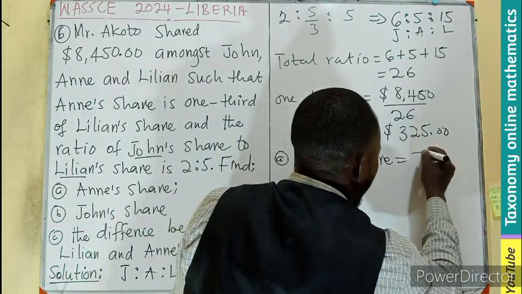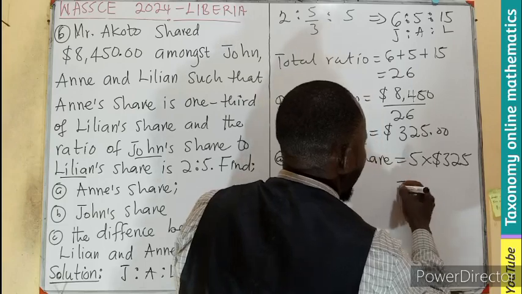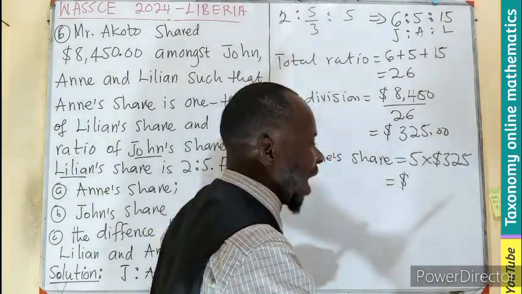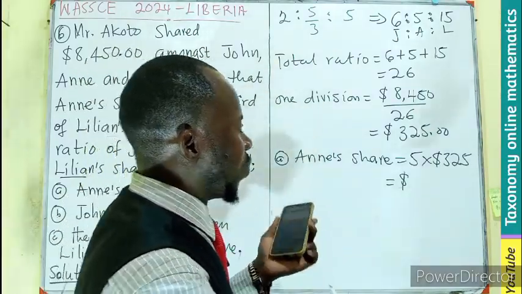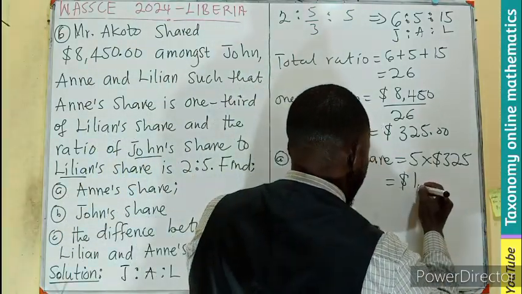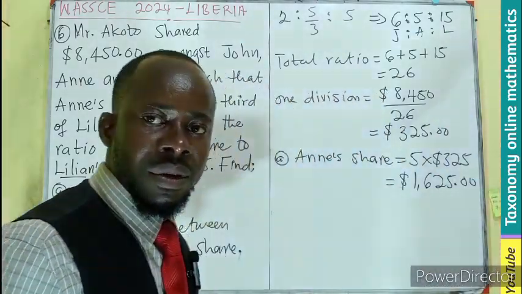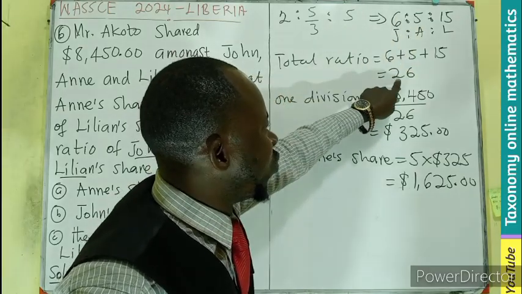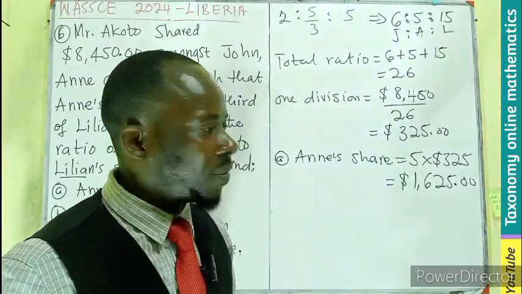So Anne will just be 5 times 325. We multiply that and know the total amount. And that is going to be $1,625. We can also make it 5 divided by 26 times the amount. You come back to the same concept.